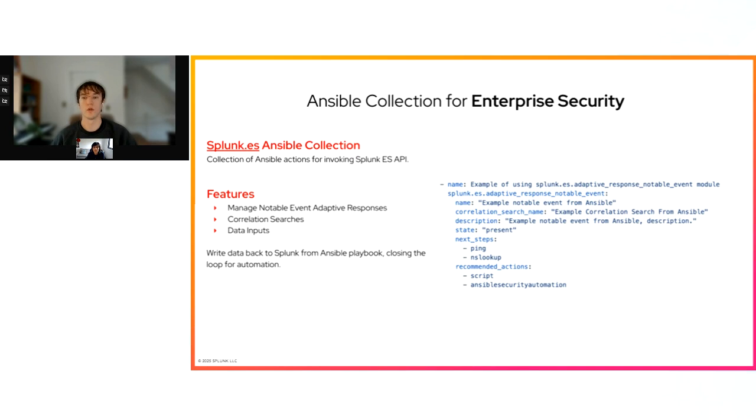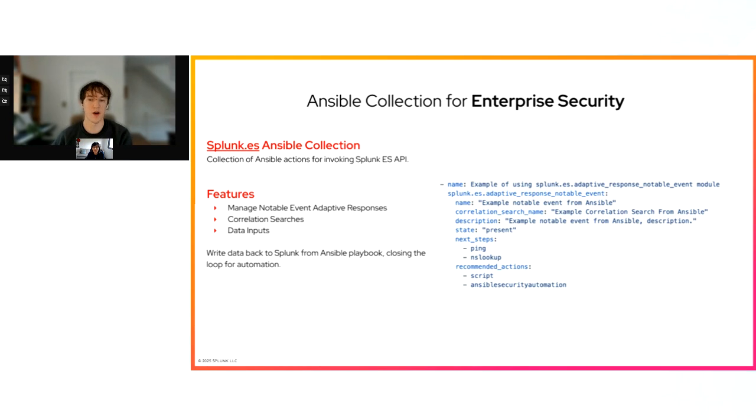And so related to the add-on are Ansible collections. These are separate packages, but they really help with this end-to-end solution. The Ansible collection for Enterprise Security is basically a wrapper for the Splunk ES API. And what it will allow you to do is, from an Ansible playbook that might have been triggered by this workflow, you can write data back to Splunk.